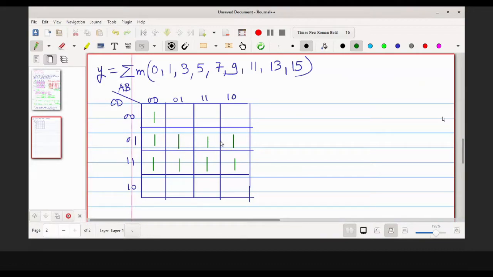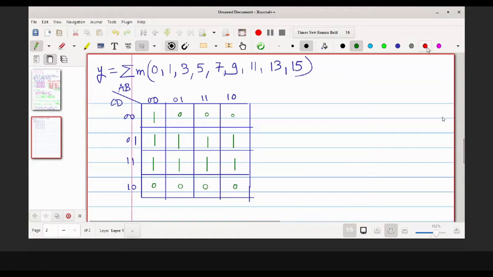These are the logic 1 min terms, and the remaining things are zeros. Even if you do not enter those, there is no trouble, but for safety you can enter them to verify whether you have done the logic 1 entries correctly. In initial days you need to enter these logic zeros also, but with good practice there is no need.